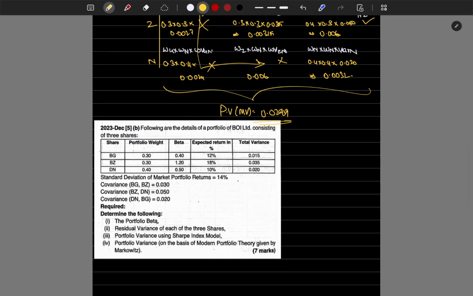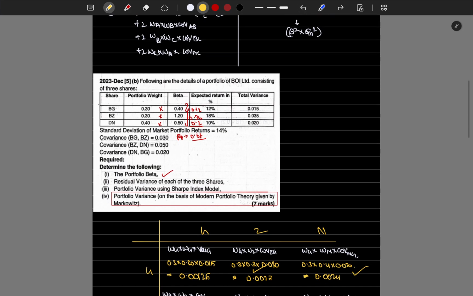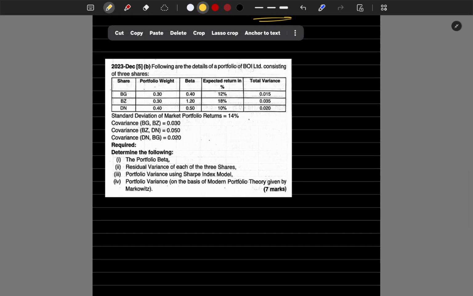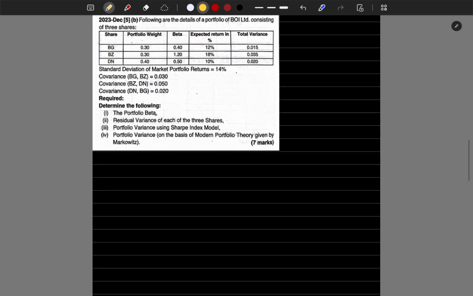Okay, let's copy. Now we'll calculate the residual variance using each of the three shares.